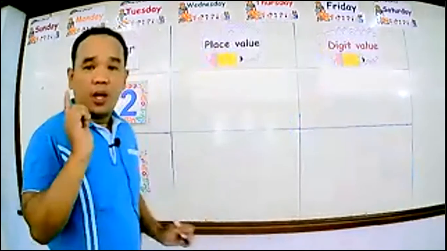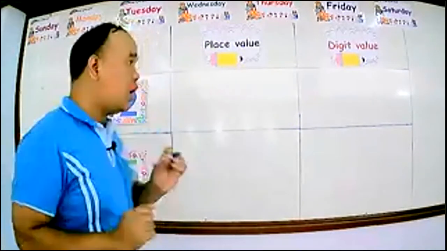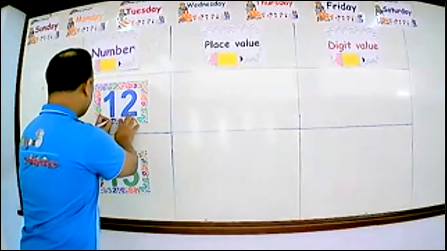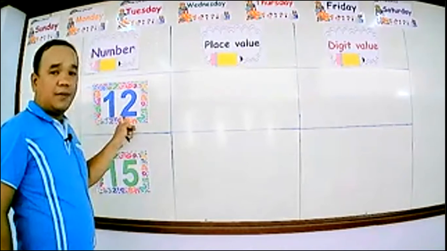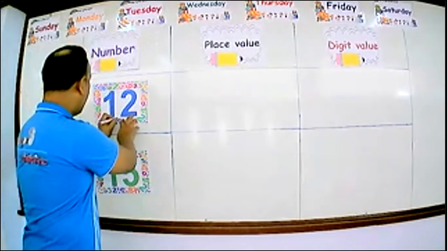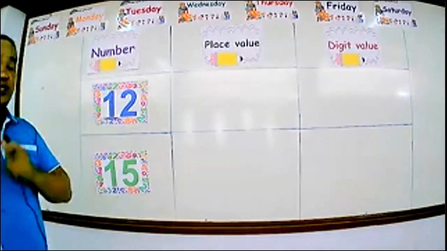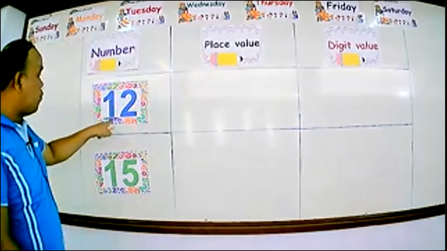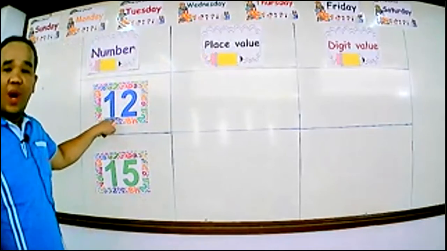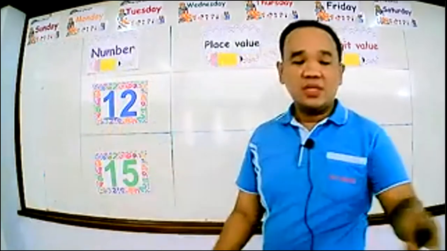Teacher Marvin will underline the number. This is the number 1. What is the place value of number 1?